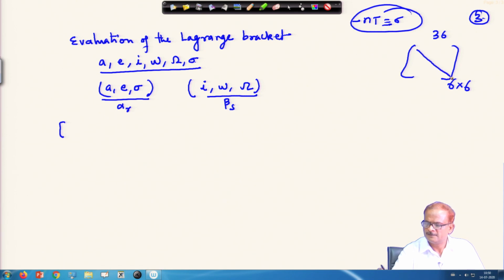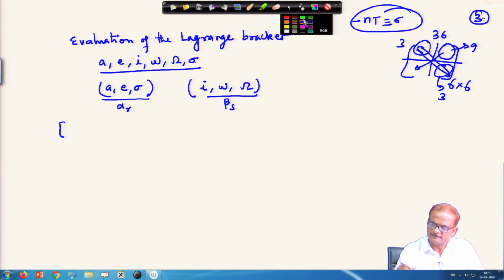Out of that, the diagonal is 0, and here we have a total of 9, in this place a total of 3, in this place a total of 3, and here just with the opposite sign. On this side also, as we have discussed, we will get 3. On the left side of the diagonal it will be a minus of this.